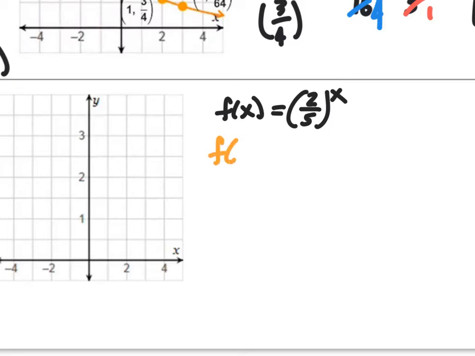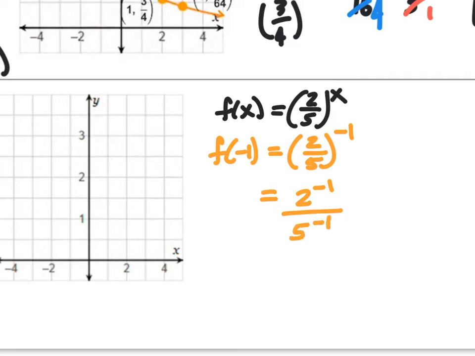So f of -1, if I plug -1 in for x, then I'm going to get 2/5 raised to the -1 power, okay? To evaluate that, I take 2 to the -1 power divided by 5 to the -1 power. Okay, to make those positive, what I do is I switch them around.